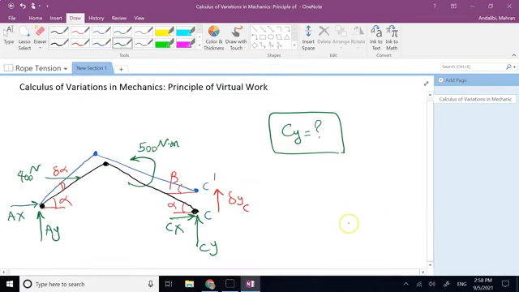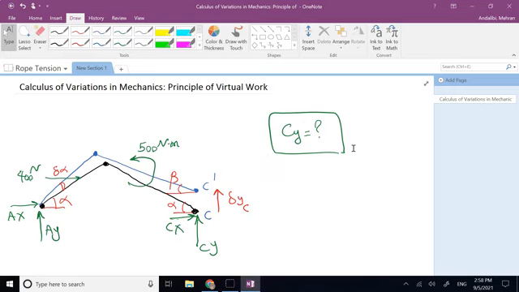Okay, to do a little more practice, I'm redoing this problem, but this time the question is: how much is the unknown reaction Cy? Again, using Newton equations, I cannot solve for Cy because the problem is statically indeterminate. But this time I choose a different virtual motion, which is to move point C vertically only.